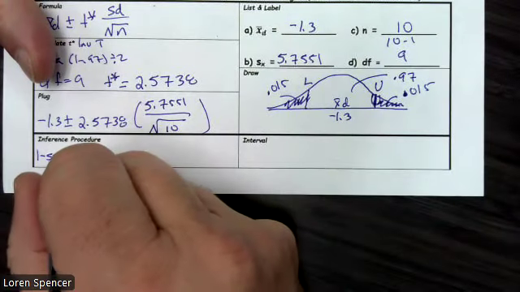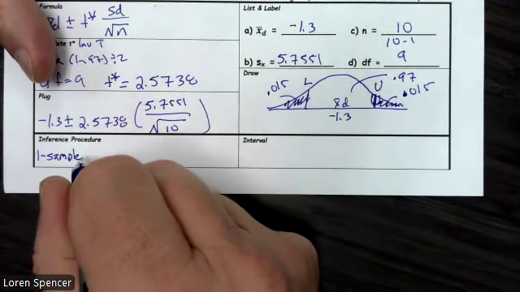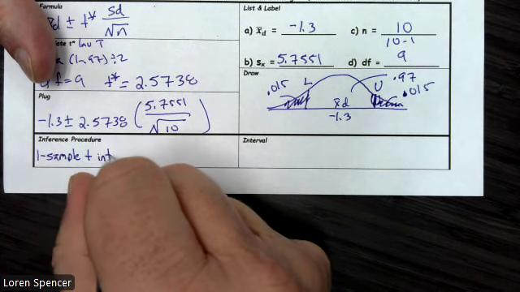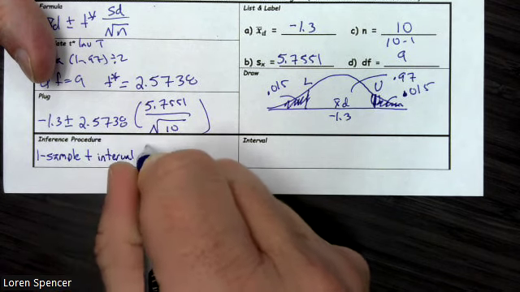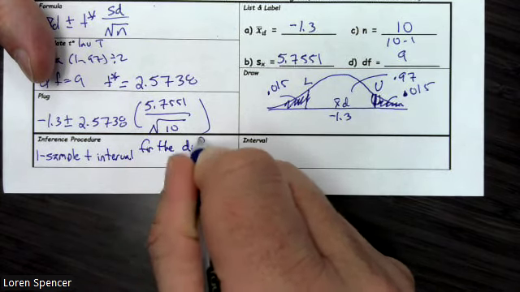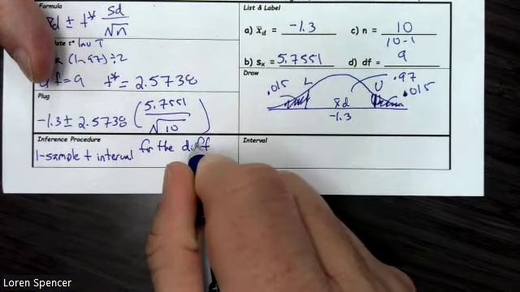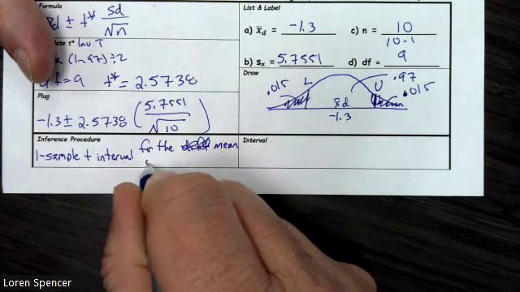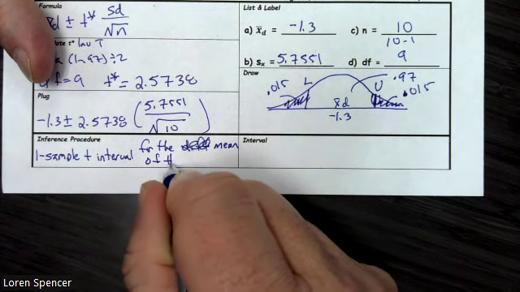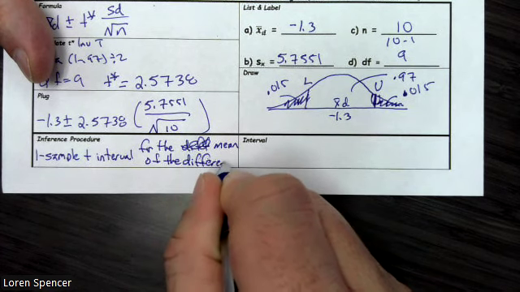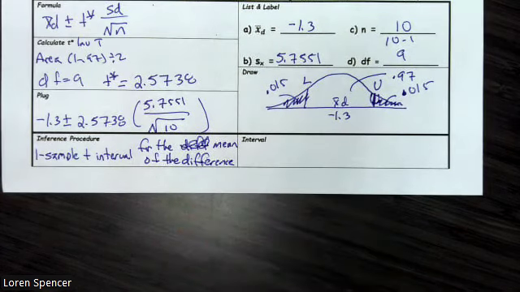So one sample T interval for the mean of the differences. Really important because we're taking the average of all the differences. And remember, difference just means subtract.